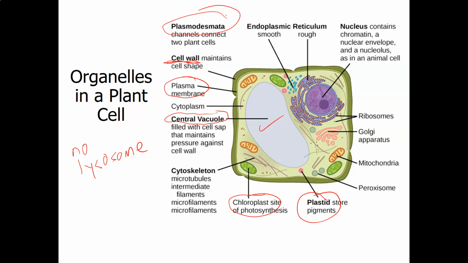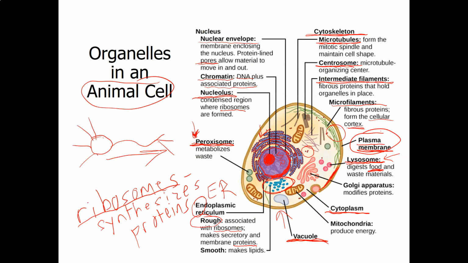So in a plant cell, you have three structures that an animal cell doesn't, and that is a cell wall, a large central vacuole, and chloroplasts. And animal cells have two structures that plant cells do not, and they are lysosomes and centrioles.